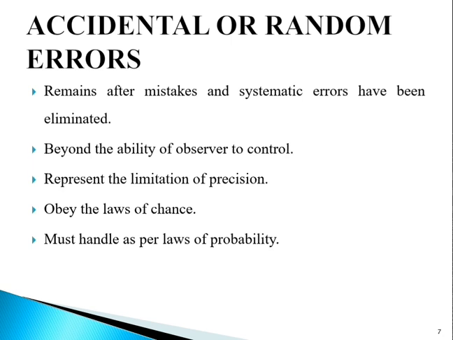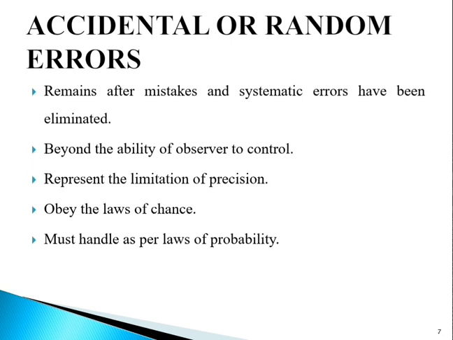Next is accidental or random errors. The errors which remain even after eliminating mistakes and systematic errors and are caused by a combination of various reasons beyond the control of the observers are termed as accidental errors. They do not follow any specific laws and may be positive or negative.